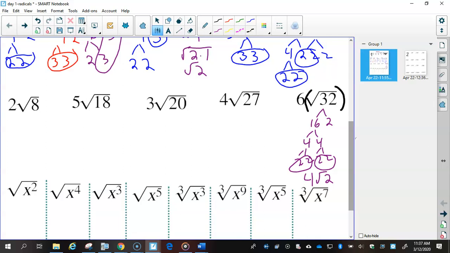But this entire thing is being multiplied by 6. So you would multiply it by 6, but you would only multiply the outside by 6. So 6 and 4. Right now, we are not multiplying anything inside. So if you have numbers outside, they only multiply to what's outside.